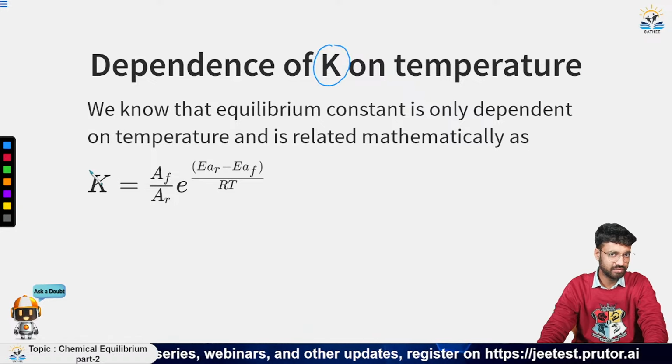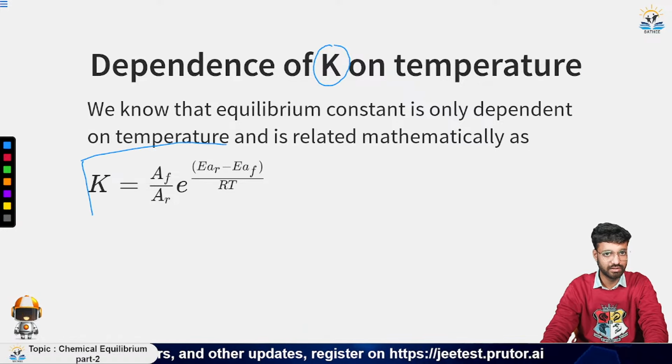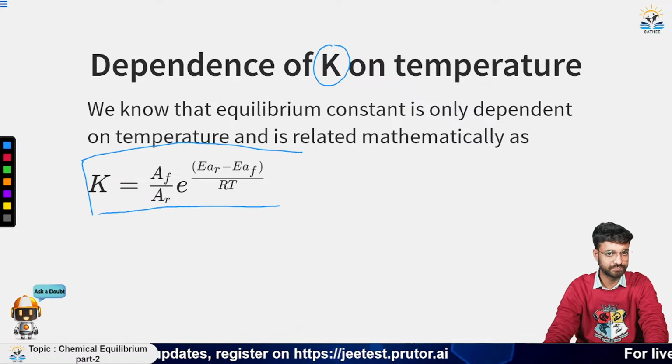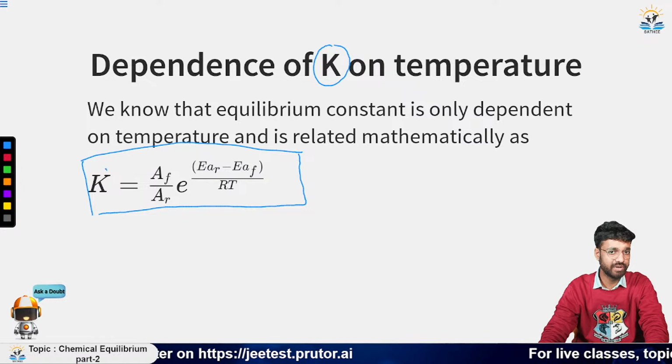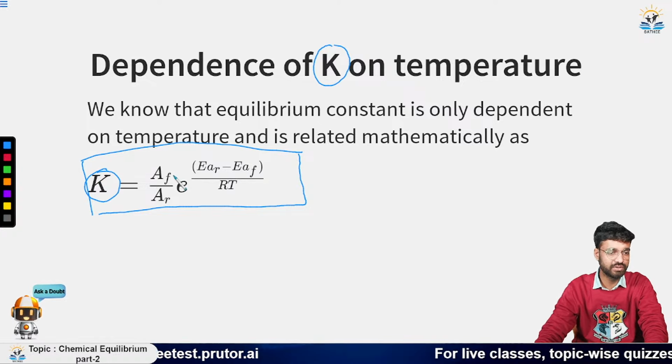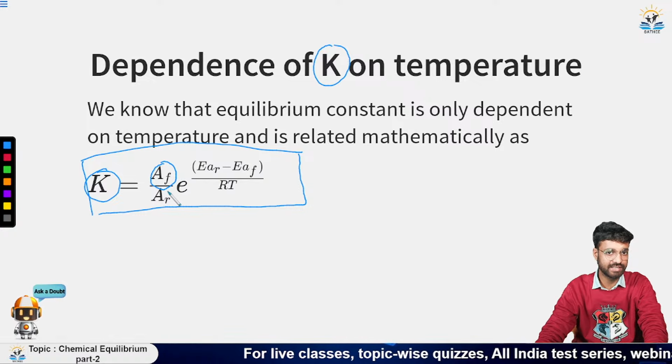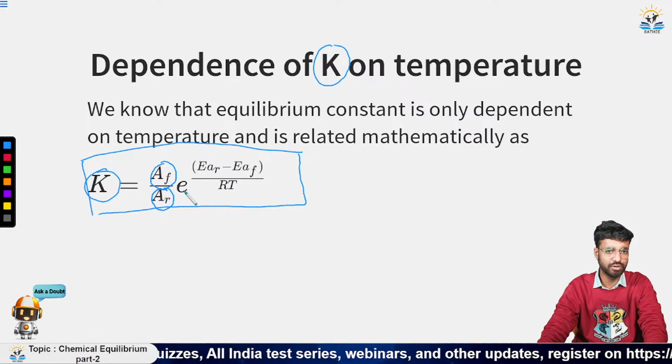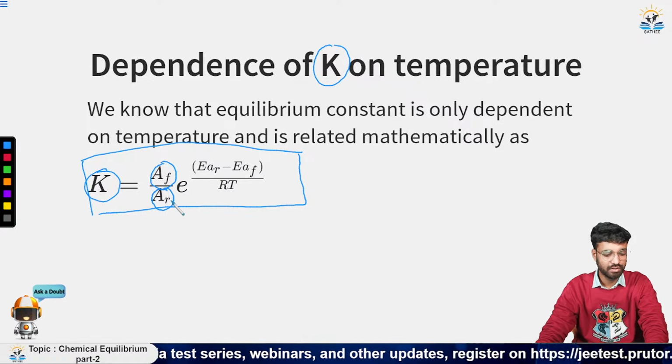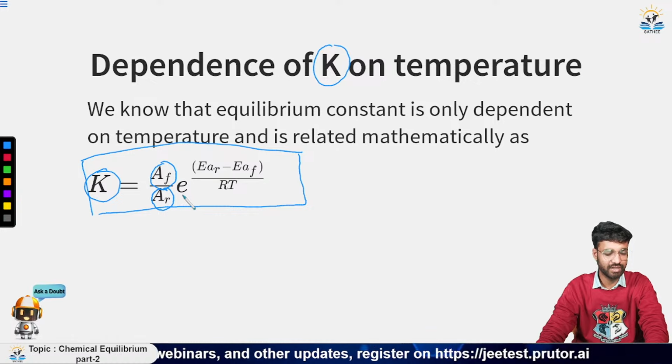This is the equation defined in accordance with temperature: the equilibrium constant K equals A_F, the pre-exponential factor for the forward reaction, divided by A_R, the pre-exponential factor for the backward reaction, multiplied by e to the power (E_A,R minus E_A,F) by RT. Those of you who are not aware, you must have studied the pre-exponential factor A in chemical kinetics.